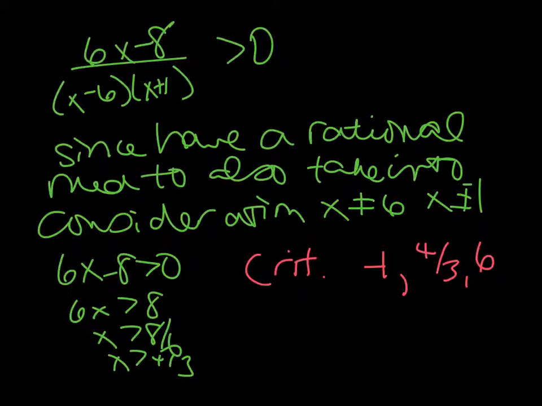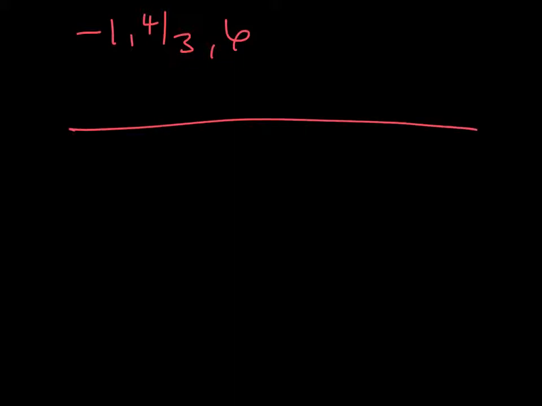Let me add another screen to this, and then we're going to check them all. Our critical points from the last screen are -1, 4/3, and 6. I'm going to try every area in here. In here, let's try -2.